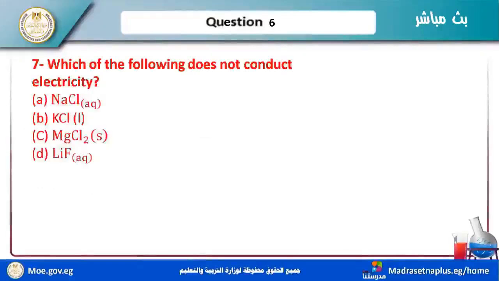Number 6. Which of the following doesn't conduct electricity? I illustrated before in our sessions that conductivity depends on the metals, because metals have free electrons to conduct electricity. Now we choose from these compounds.